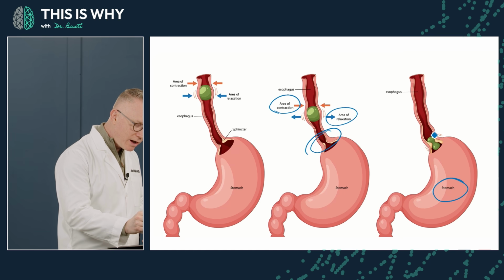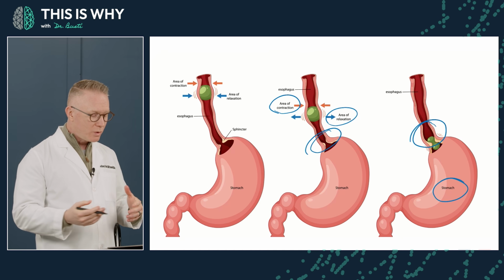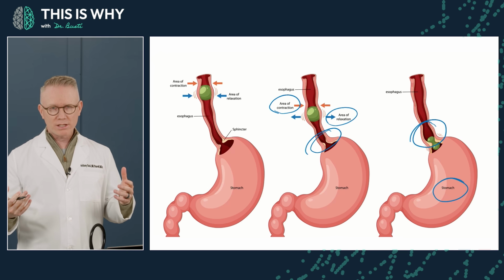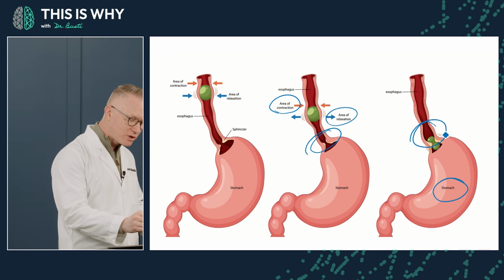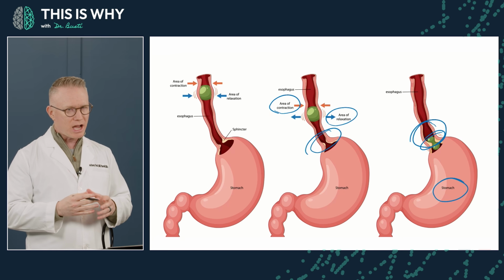Well, this area here is where we can have anatomic variance. We can also form strictures. We can form rings. Hernias can develop, which we'll see here in a second. And that's commonly at the lower esophageal sphincter, where food boluses many times get stuck.